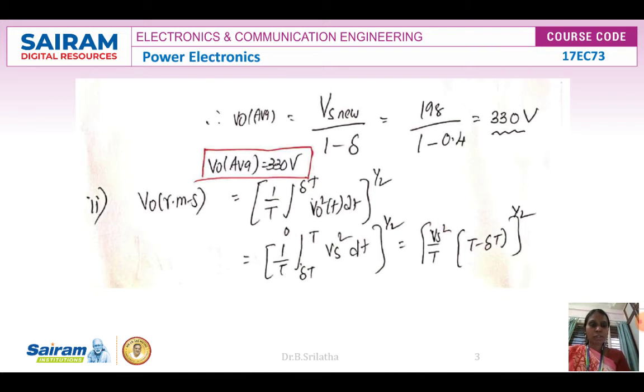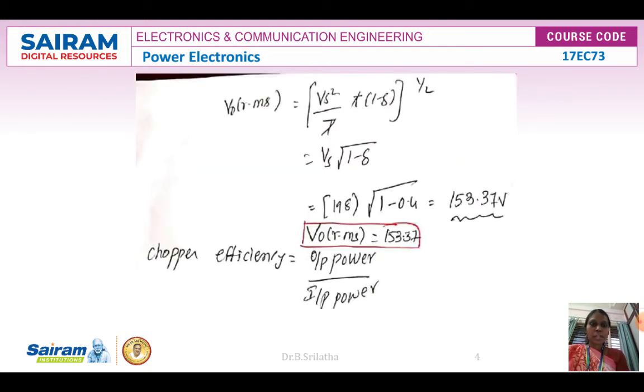Integration of 1 is t, with limits T minus delta T. Now Vs square by T into T minus delta T. Take T common, T of 1 minus delta. This T gets cancelled. Taking Vs square out of the square root, we get Vs into square root of 1 minus delta.